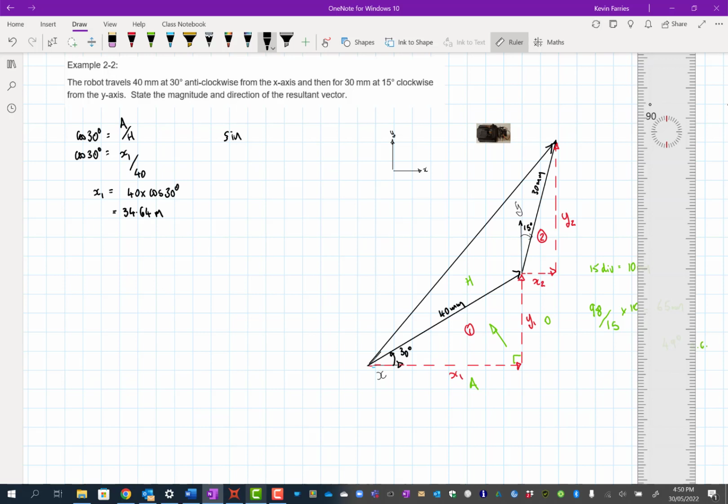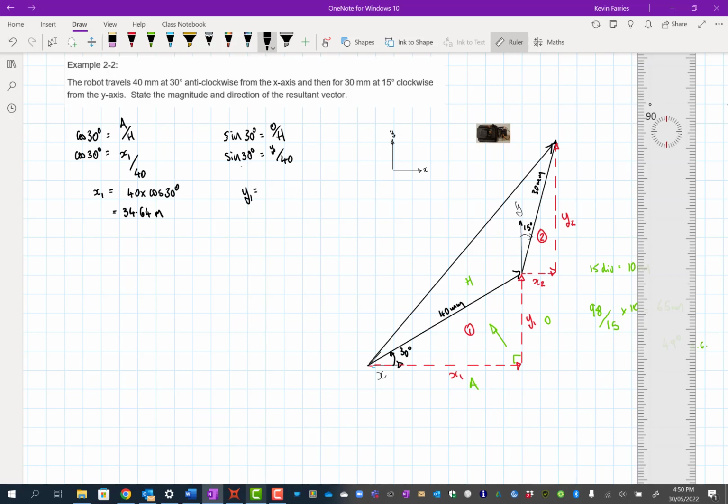So sine 30 degrees is equal to opposite over 40. So opposite is y1, times both sides by 40, swap them around. Not x1, y1, sorry.